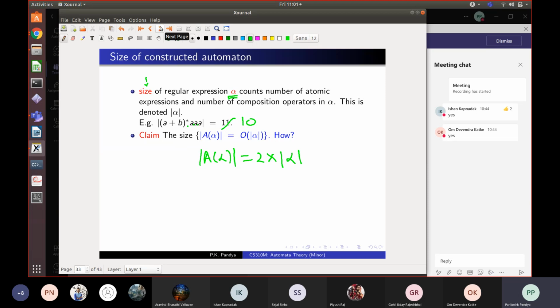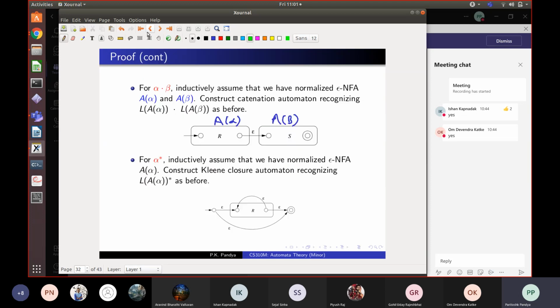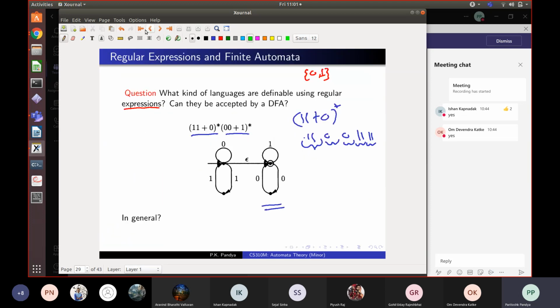Okay, that's what I wanted to do today. So what have we done? We have defined regular expressions. We have seen some examples of specifying patterns using regular expressions, and we have seen that every regular expression can be converted to its equivalent epsilon NFA, which is linear in the size of the regular expression, not too large, maybe 2 times, 3 times larger than the size of the expression.